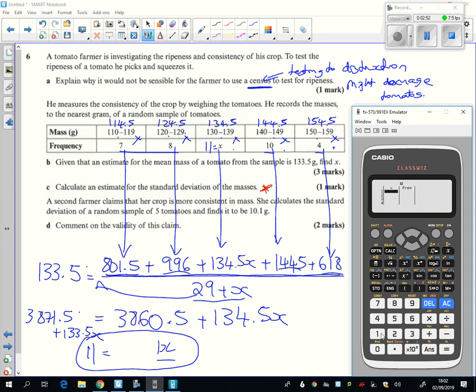Frequencies on, and so down here I'm going to put in these midpoints that we used, 141 and 124.5 and 134.5 and 144.5. I could pause again, I suppose, and 154.5. And the frequencies that we've got here were 7 and 8 and 11. We just worked that one out, and 10 and 4.